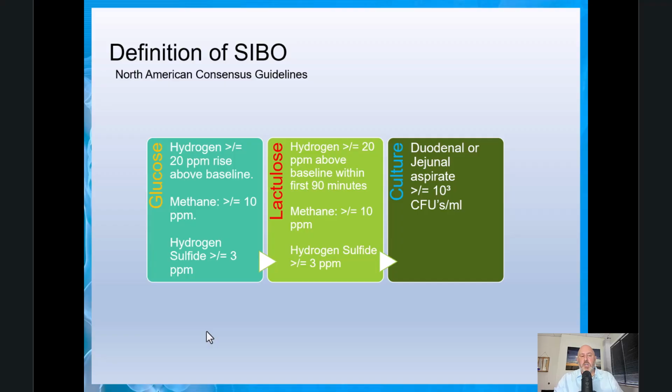So you can see hydrogen, methane, hydrogen sulfide are the three gases of interest in intestinal microbial overgrowth. On the scene in this development is small intestinal fungal overgrowth. However, we do not have a gas that's measuring that particular scenario. We will go into these aspects in detail.